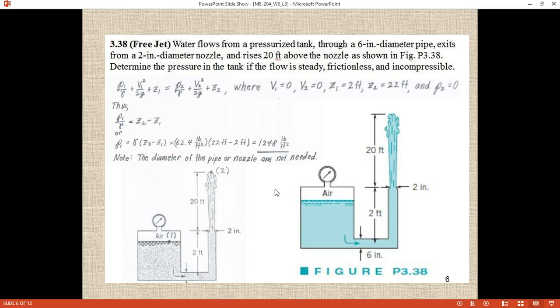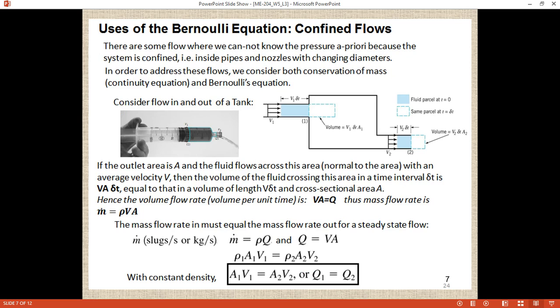Next, move on to the next topic. This is another application of the Bernoulli equation, the confined flow. Why do we need this concept? There are some problems that we cannot solve with the Bernoulli equation alone.